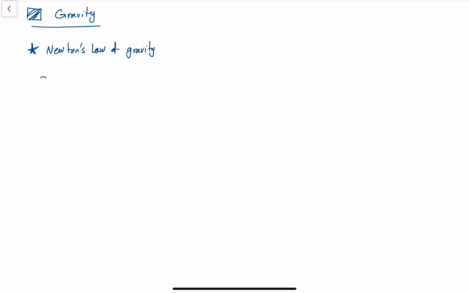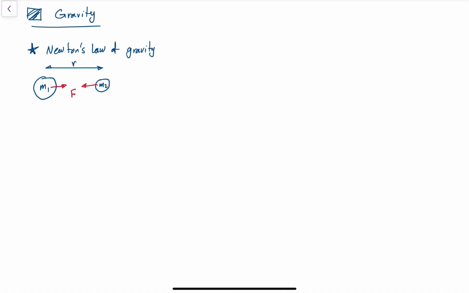In this view, if you have two bodies, one having mass m1, another having mass m2, and they are some distance r separate from each other, just because they have mass, they exert force on each other. Again, remember third law. M1 exerts force on M2. M2 exerts the same force, opposite direction on M1.